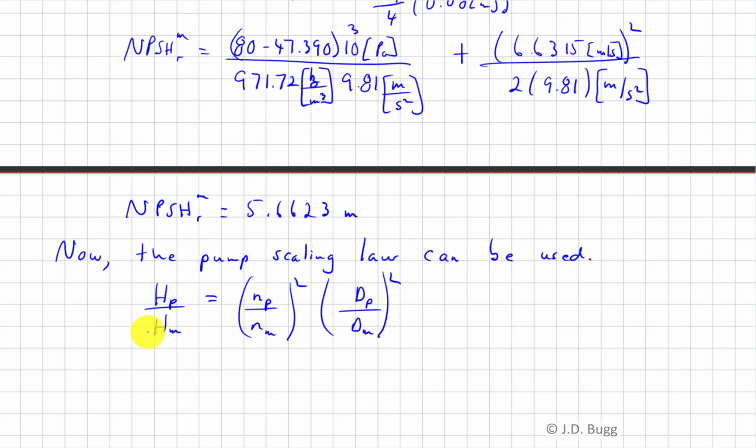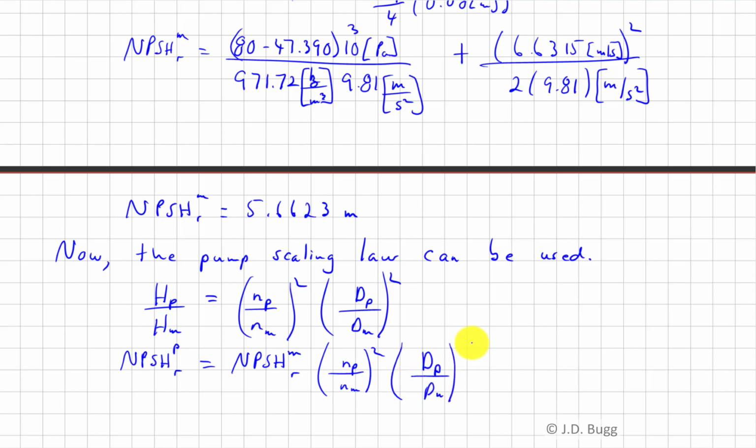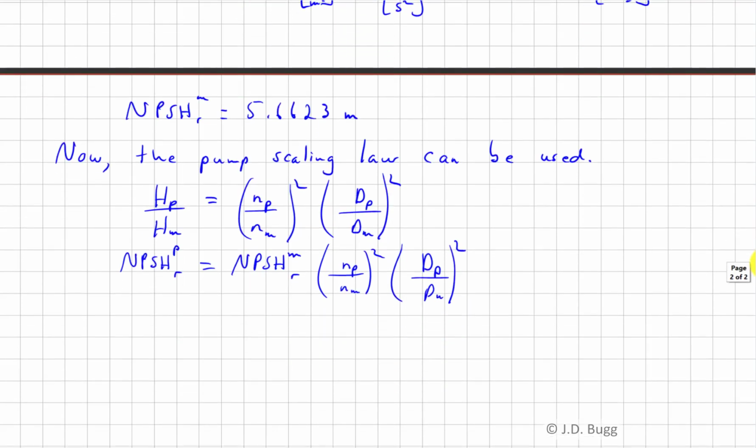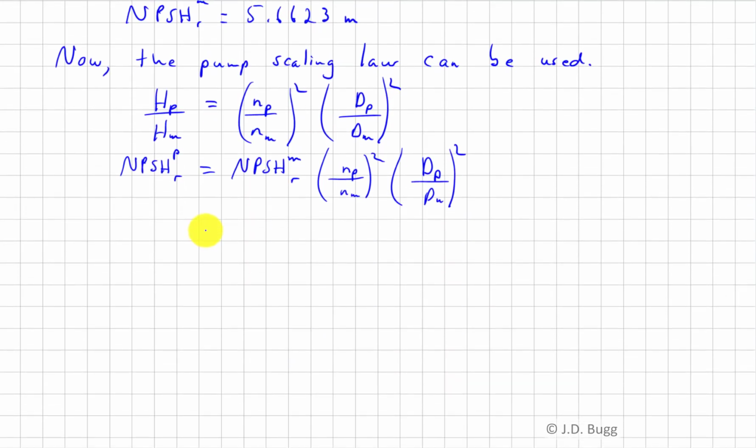So that allows us to calculate the NPSH required of the prototype. The NPSH required of the prototype will be equal to the NPSH required of the model, we're just bringing this up to the other side, multiplied by the ratio of speeds, n prototype over n model, squared, times the ratio of sizes, d prototype over d model, squared. We know everything on the right hand side of that equation.